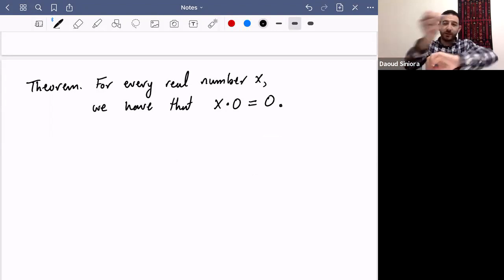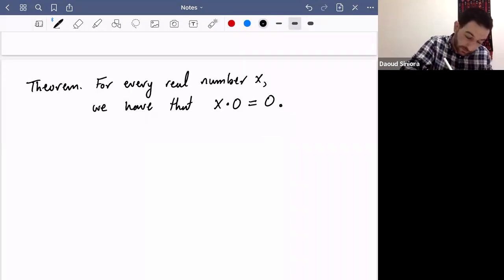Okay, this is a very common trivial fact. We know that when we multiply any real number with 0, we get 0. But we want to prove this. So this is the statement that we want to prove. Okay, here is the statement.